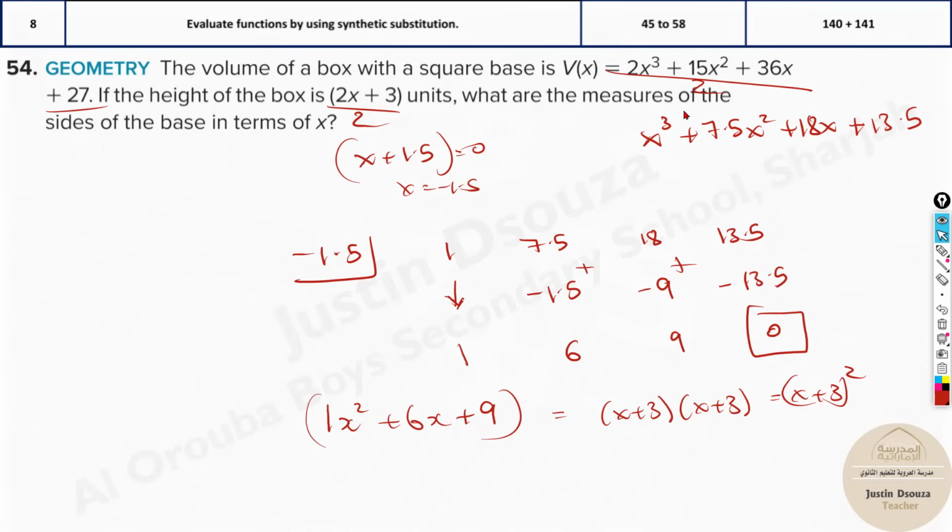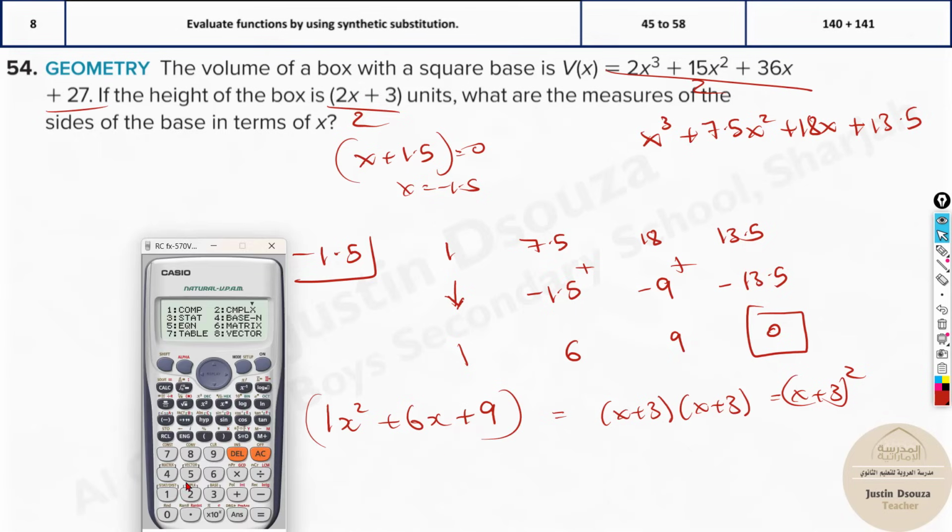Now how do you do this in the calculator? Just type in mode 5, that is for equation, and then option number 3 for quadratics, and just type in 1, 6 and 9. Now here you will just get one answer, but there must be two answers, right? It's quadratic, but you are just getting x is equal to minus 3.